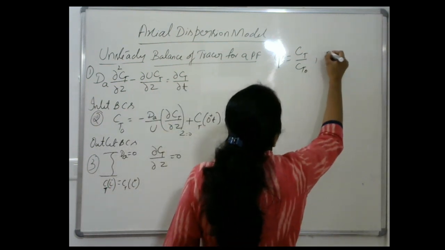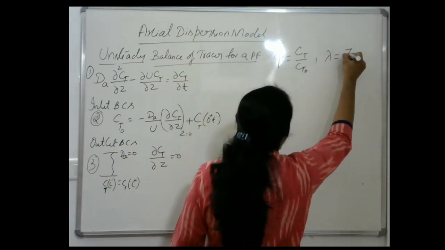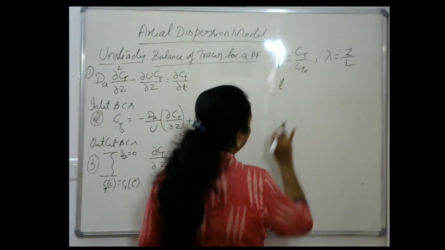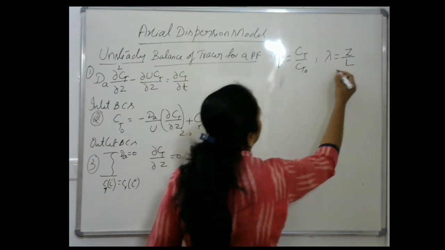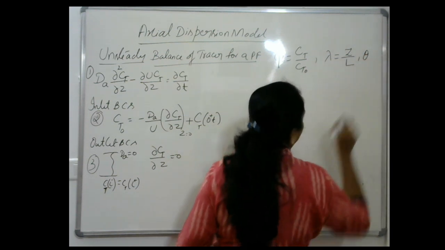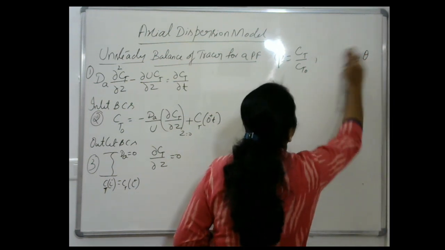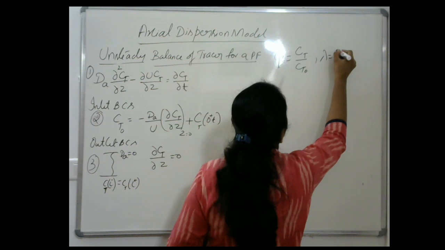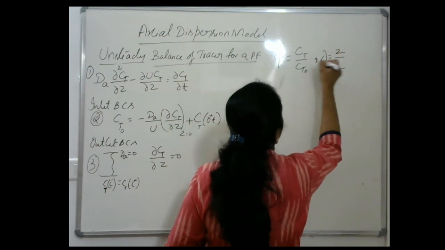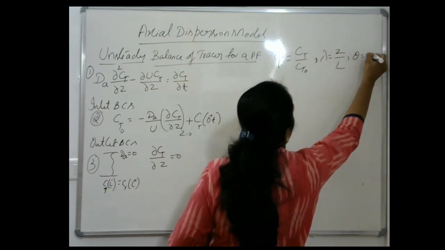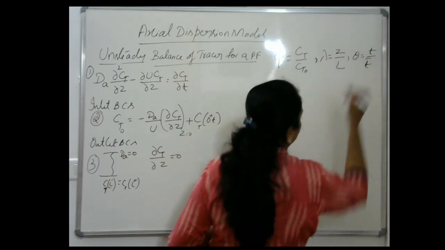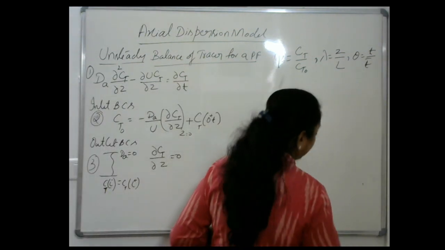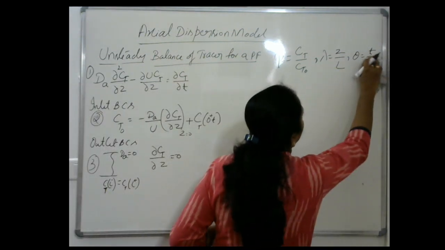And for distance, I'll be using Z by L, lambda is equal to Z by L. And for time, I'll be using theta, theta is equal to, sorry, t u by L. Just missed that, t u by L.